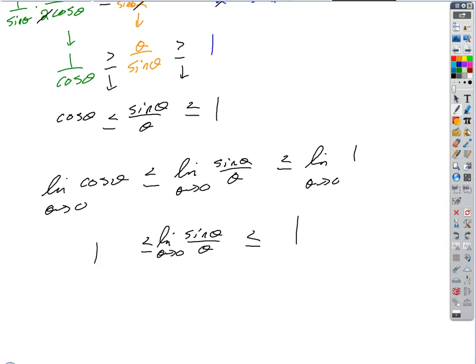So we probably could get to this using a similar kind of proof if from this step right here, what if we subtracted 1 from everything, right? Everybody see that?